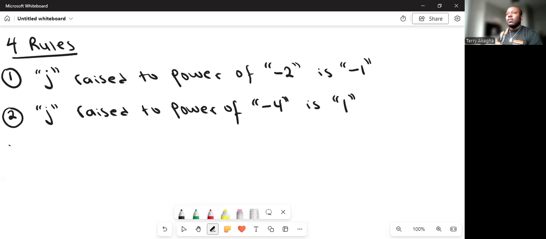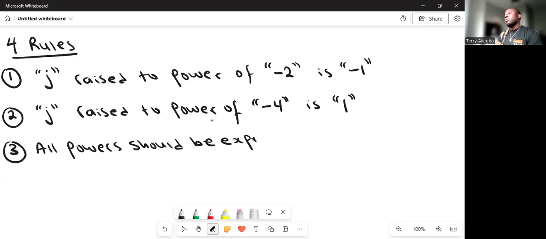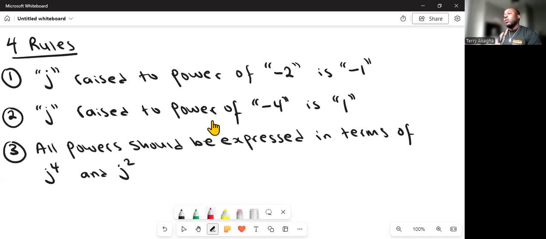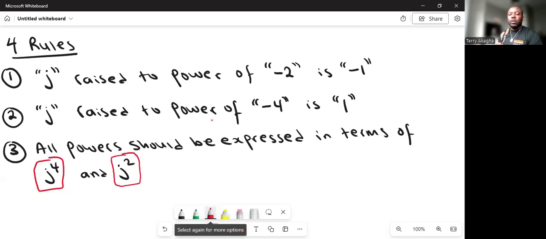Like I said earlier, to make it easier, all the powers should be expressed in terms of j to the 4 and j to the 2.